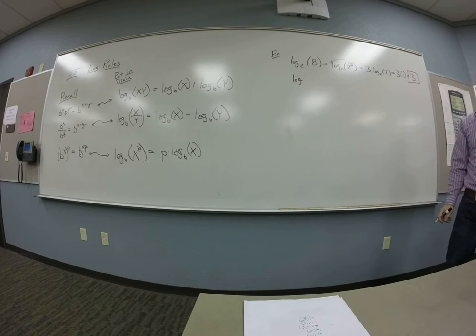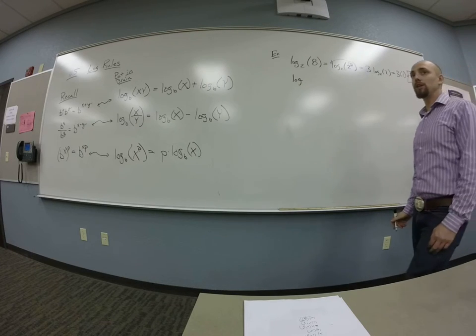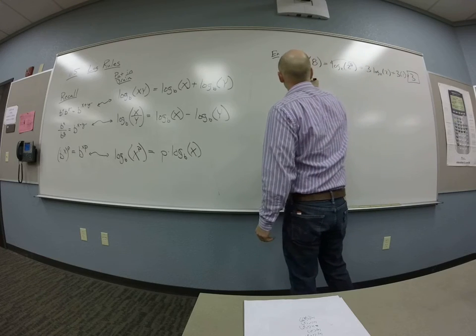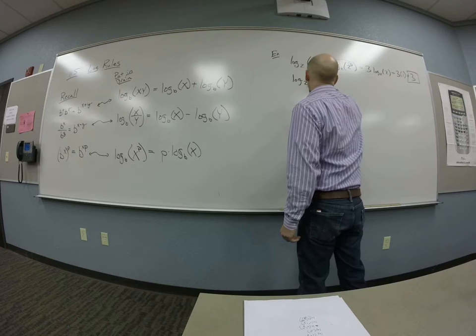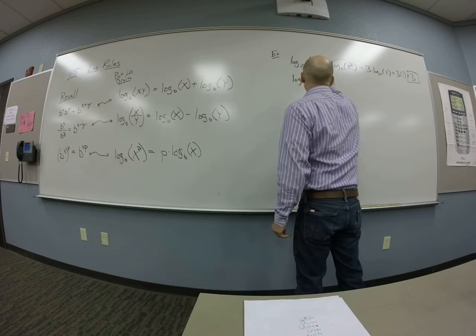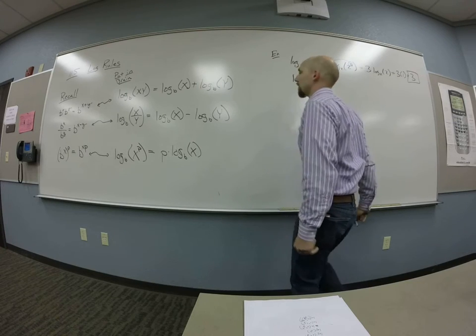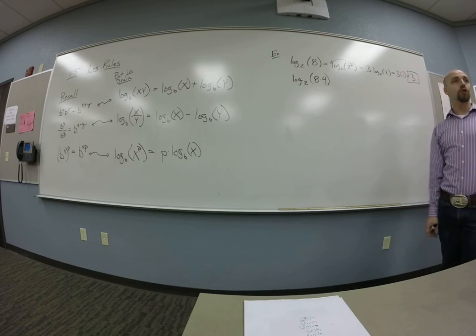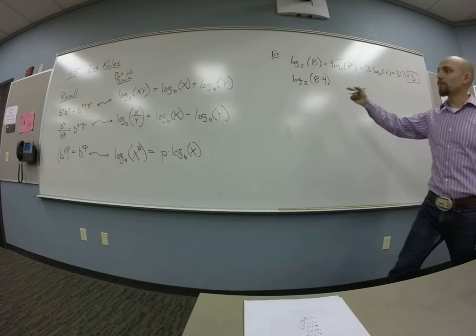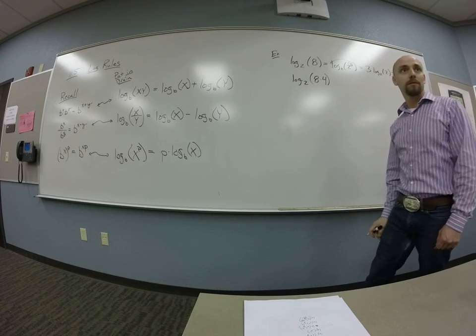Okay, let's try another one. So if I was to do log base 2 of 8 times 4. One way I could do this is I could count all the 2's in there, right? Another way I could do this is I could apply my first rule.